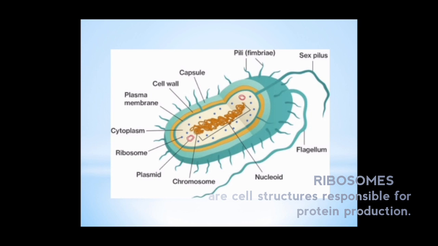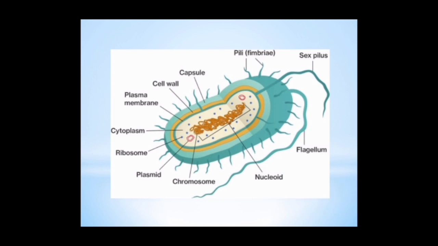So while the ribosomes are cell structures responsible for protein production. Ribosomes are like factories, for example, factories for food. They are the building blocks of proteins. Proteins are the molecules that perform all the functions of cells and living organisms.